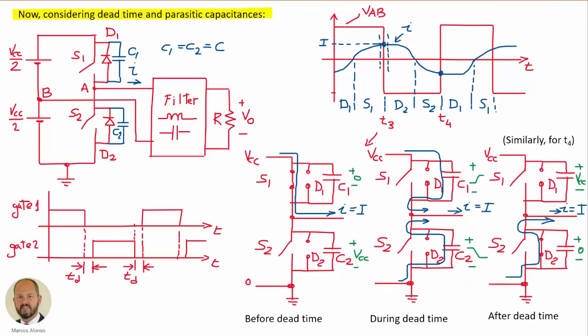Later, we focused on the process of turning off, considering the parasitic capacitances that we have in parallel with the switches. These capacitances can be the intrinsic capacitance of the switches or even an external capacitance that we are placing to decrease the losses during the commutation.